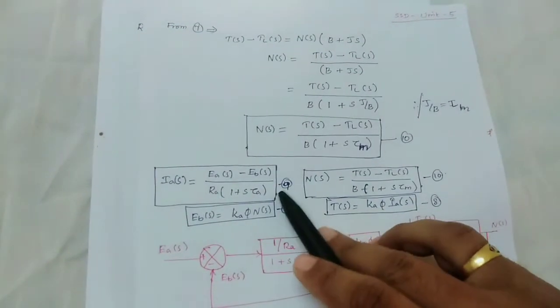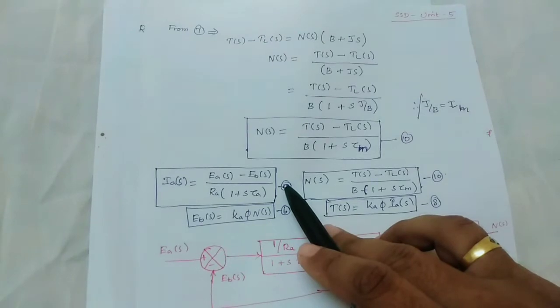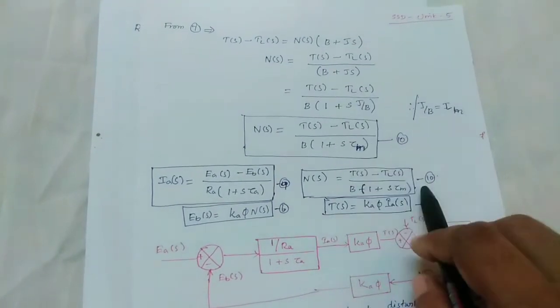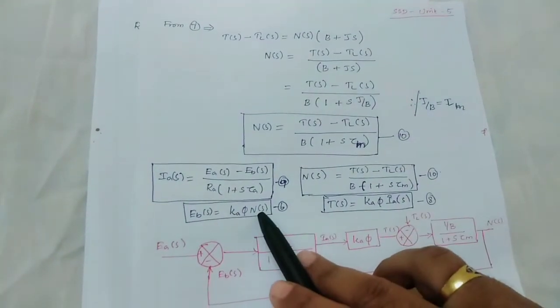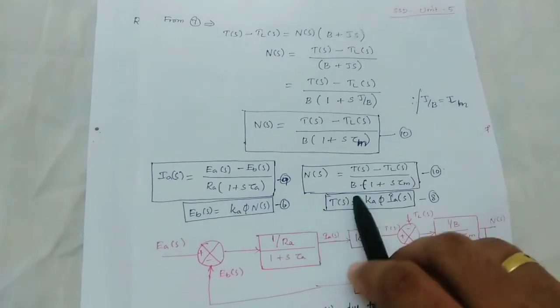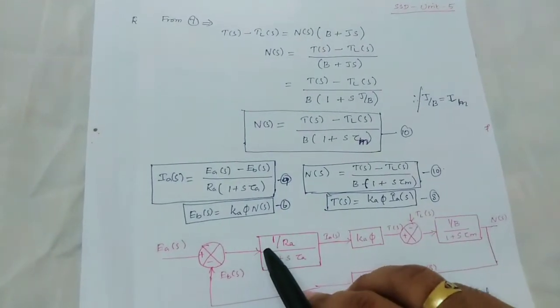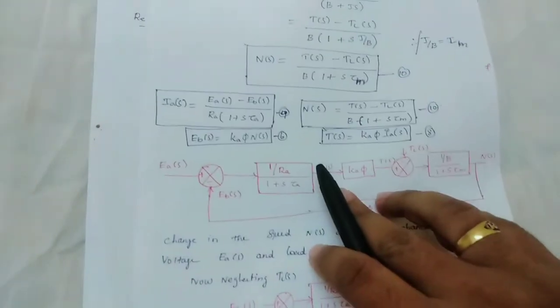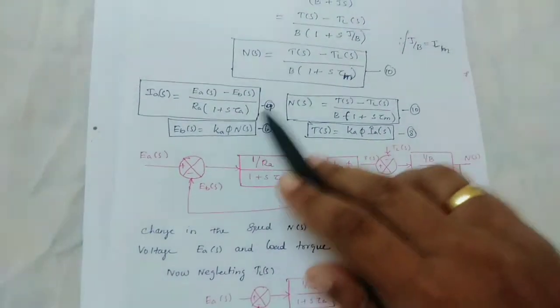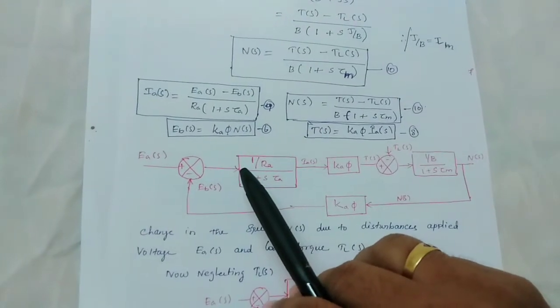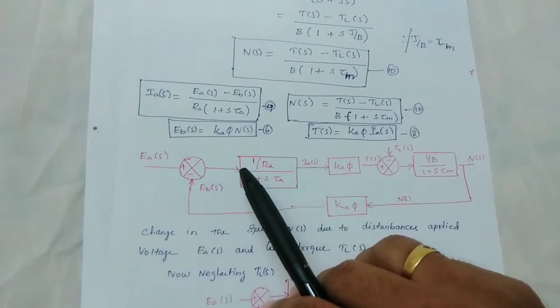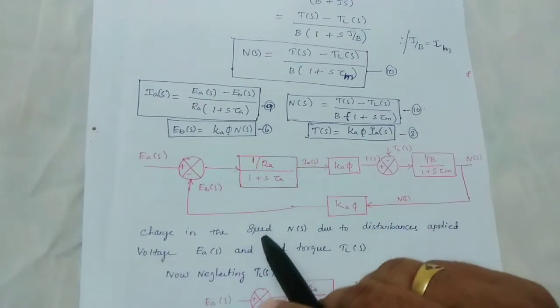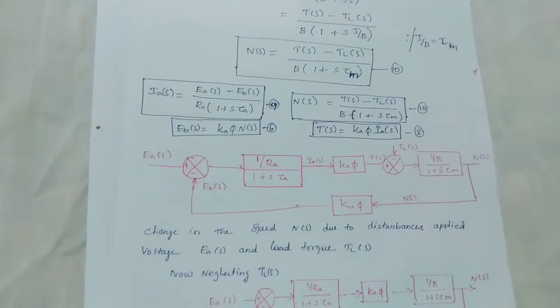So I am taking equation number 9 from the previous simplification and equation number 10 from this simplification, and the remaining terms EB of s and T of s from the 6th and 8th equations. So now we have 9, 10, 6 and 8, all 4 equations. From these 4 equations we are going to design a transfer function for a motor load system.